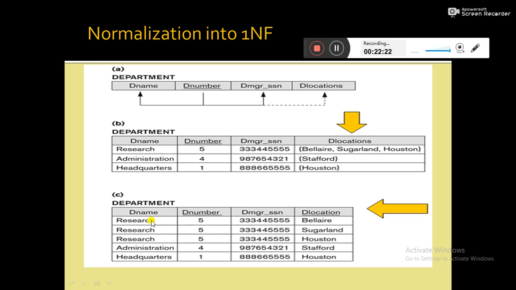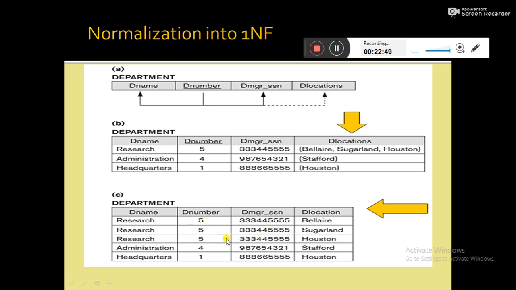In this one, suppose the department name is research, department number 5, DMGRSSN is this one, and as the research department is located in Bellaire, Sugarland, and Houston, these are three separate entities, for these three separate, unique, different locations.